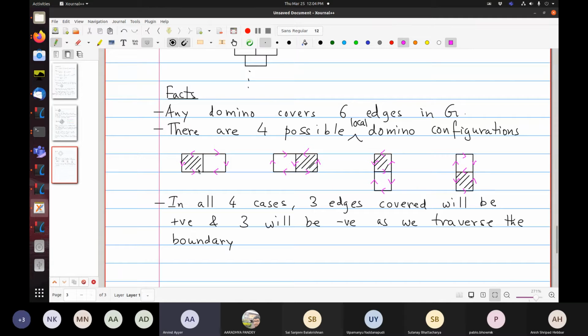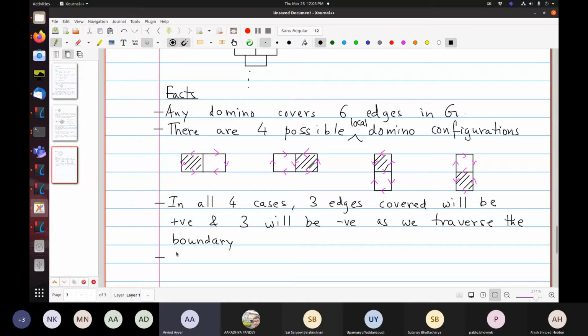You can see as you traverse, it doesn't matter whether you traverse the boundary clockwise or counterclockwise, there will be 3 in the same direction as you are traversing and 3 in the opposite direction. So you can check all 4. Okay.